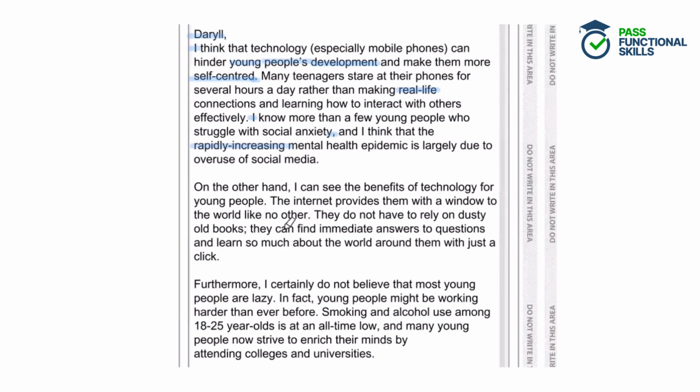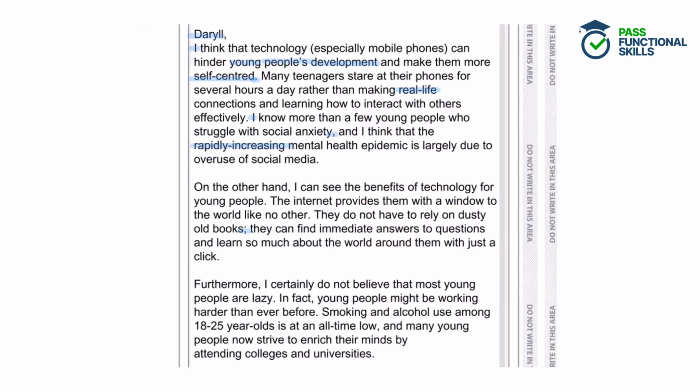We've also got a semicolon that's been used there. They don't have to rely on dusty old books, they can find immediate answers. So if you don't know how to use a semicolon, that is fine. You should only try to use punctuation that you know how to use effectively and accurately. But the most important things to consider are using capital letters, full stops and commas correctly.